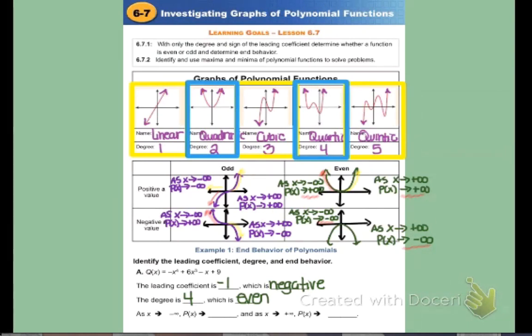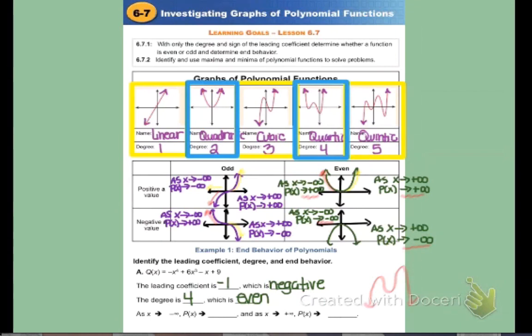And so even though I don't know what this graph looks like, I haven't put it in my graphing calculator yet to see what it looks like, I know it's going to be something like this one up here, because it's quartic, except it's going to face down, because it's got a negative leading coefficient.